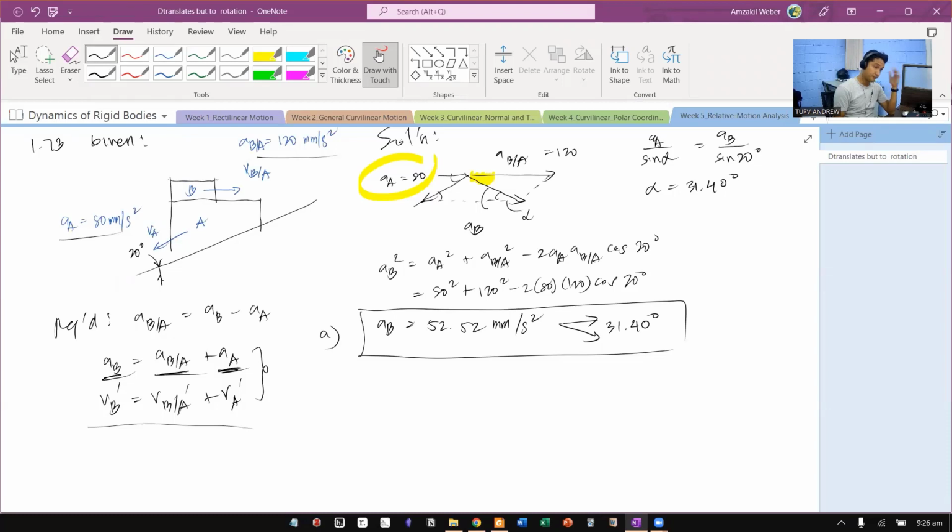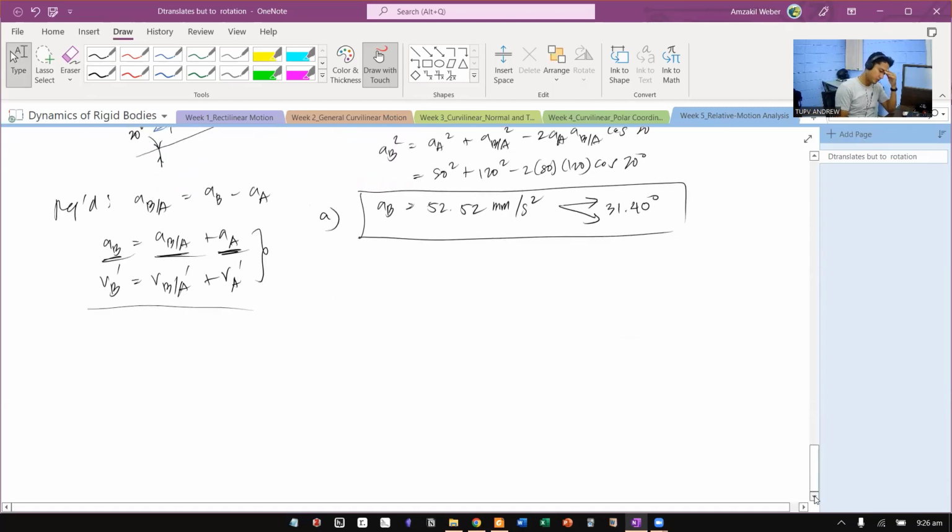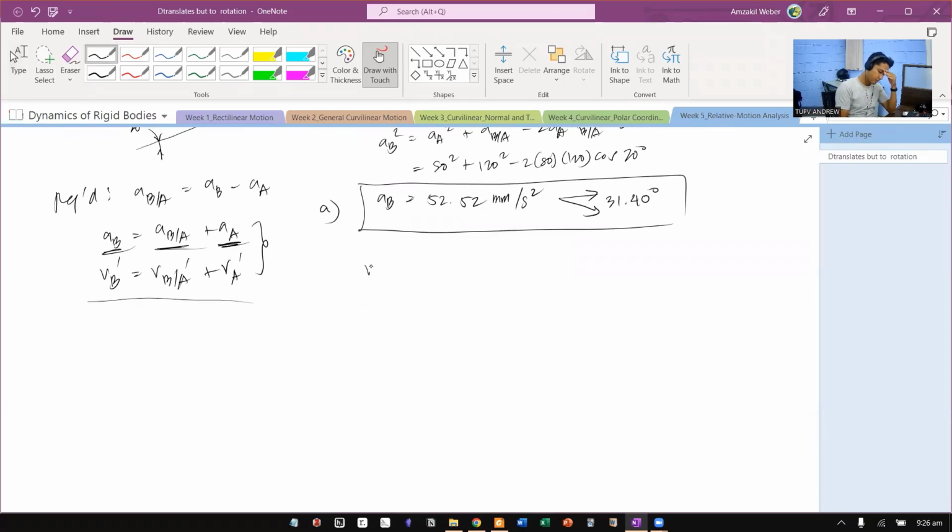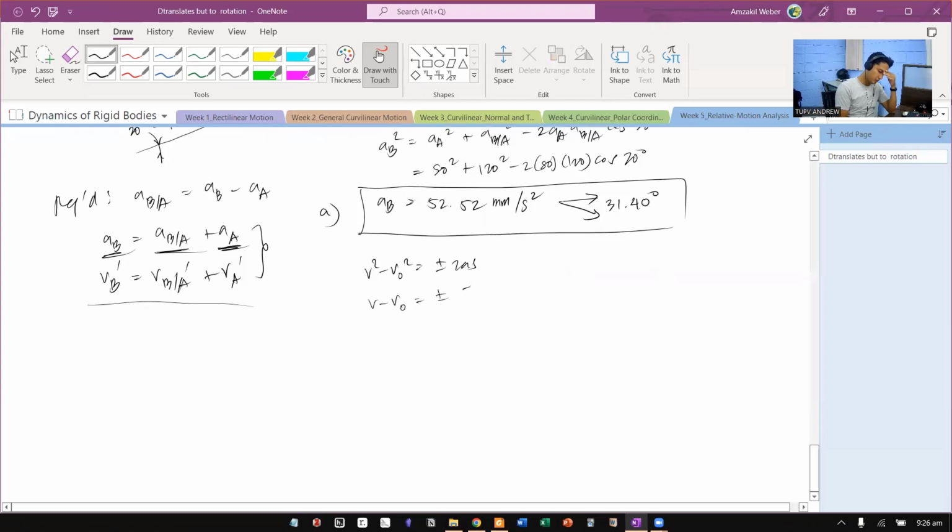Okay, let's review the equations. The equations are: v squared minus v0 squared equals plus or minus 2as; v minus v0 equals plus or minus at; and s equals v0t plus or minus one-half at squared.